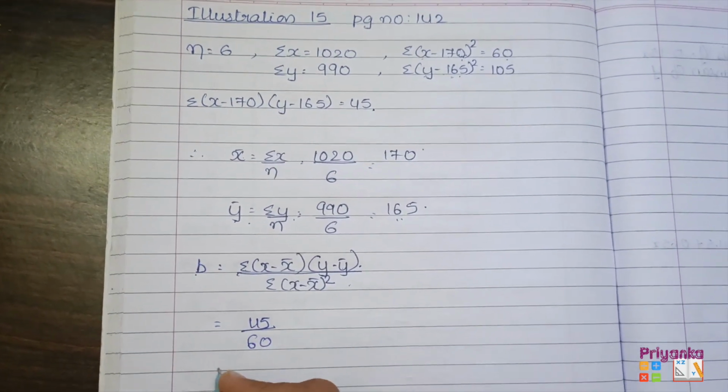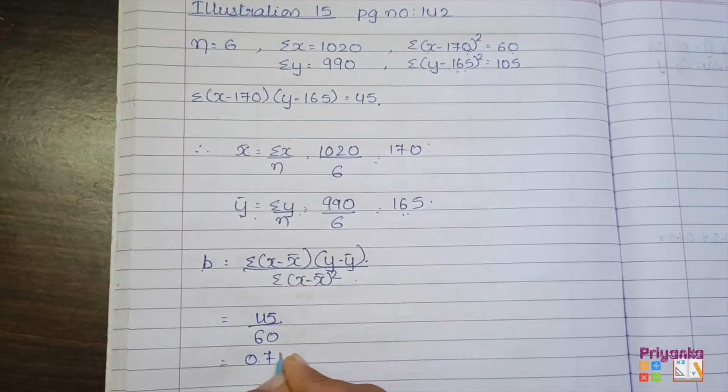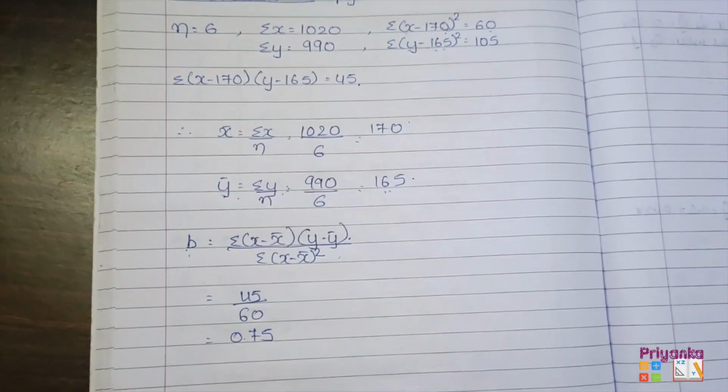Out of this calculation we found 0.75, that is the value of b here.